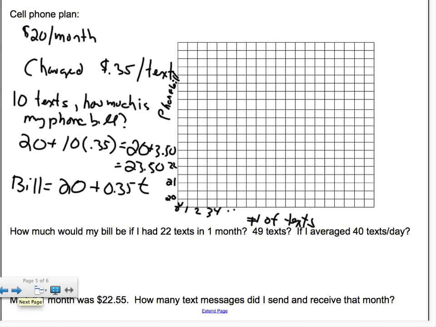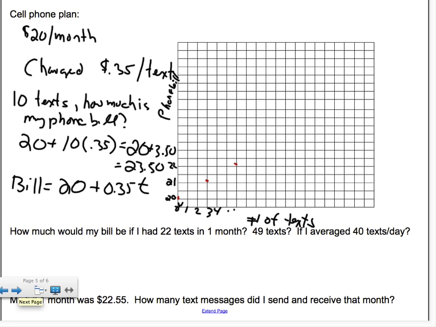Okay, so what will my equation or what will my line look like then? It wouldn't really be very steep. Well, if it's 2 texts, how much is it? $20.70. 3 texts? It's just over $21. So if I went 6 texts, it'll be just over 22. So you see what I'm doing?